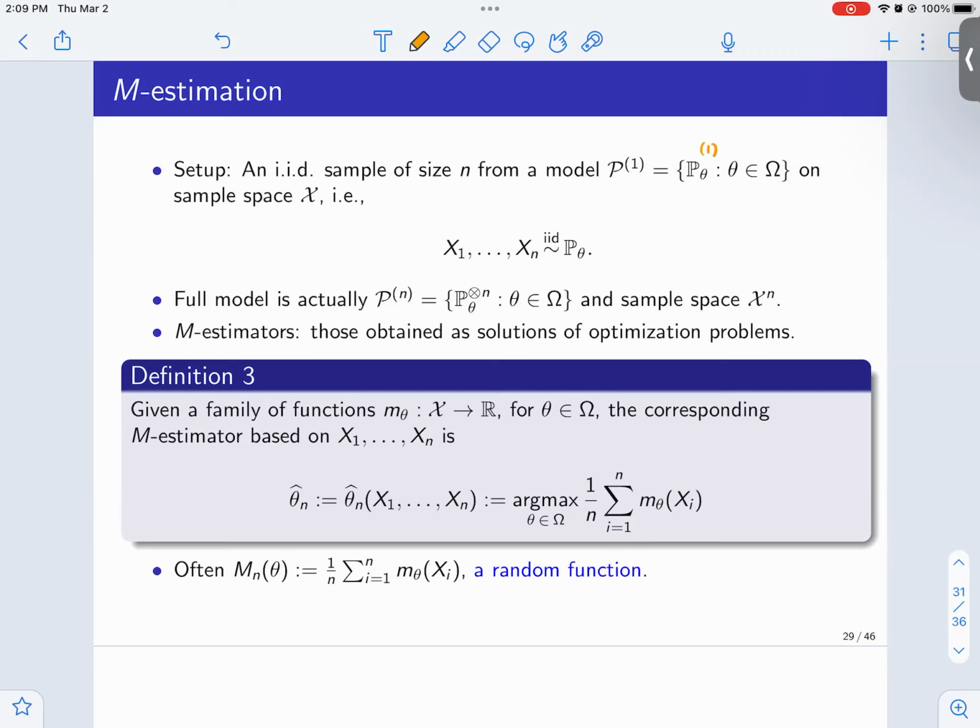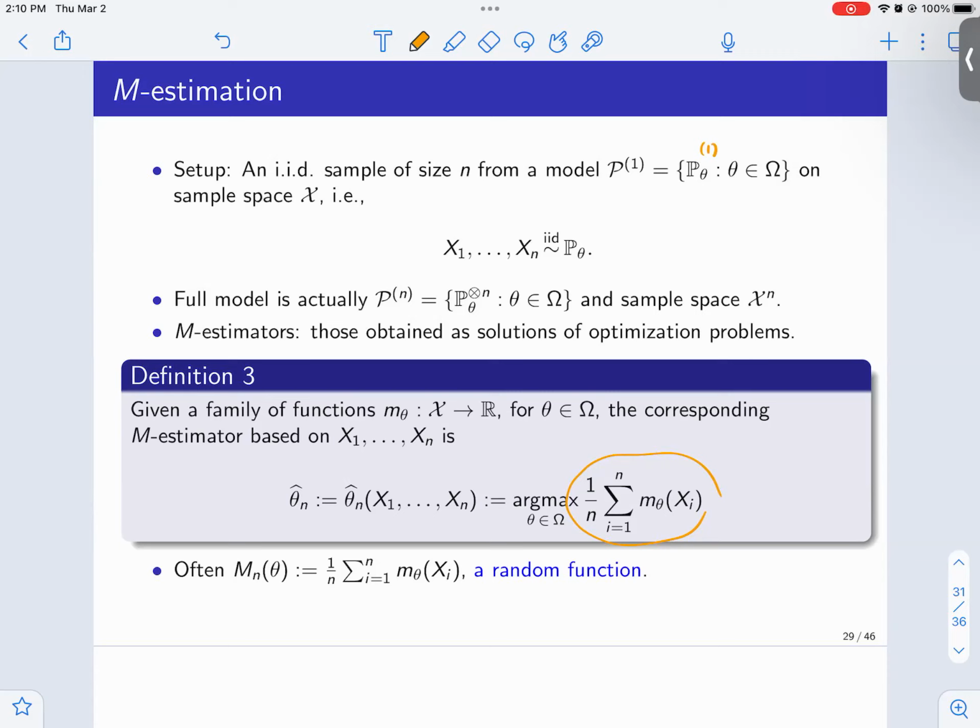Okay, so you define some sort of a function, m theta, or a family of functions that operate on your sample. In this case, it operates on a single sample. And then what you do is you form these empirical averages based on the entire sample, and then you maximize this function.